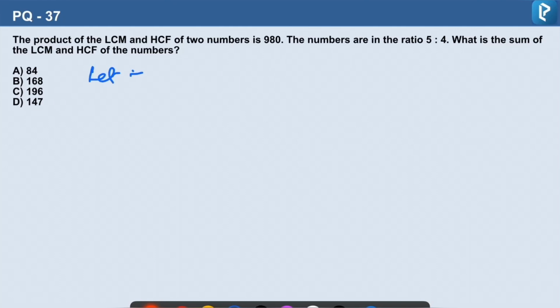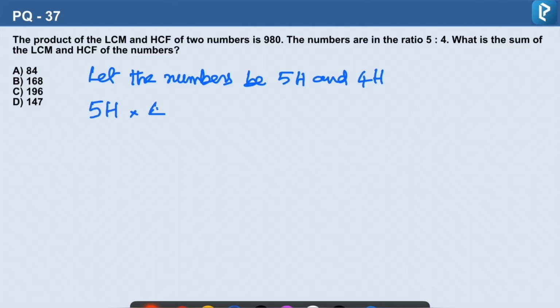The product of LCM and HCF is given, so you can equate it to the product of the numbers: 5H times 4H is equal to 980.